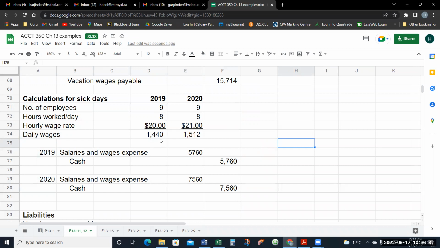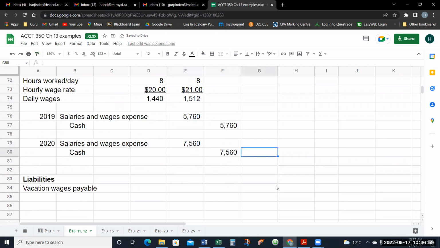So during 2019, the employees took 4 sick days each. So 1,440 times 4 gives 5,760. And then in 2020, the employees took 5 sick days each, and that's $7,560.